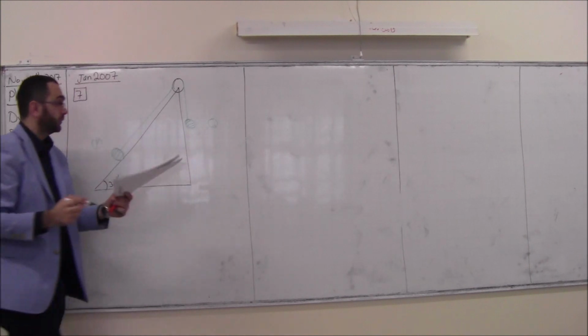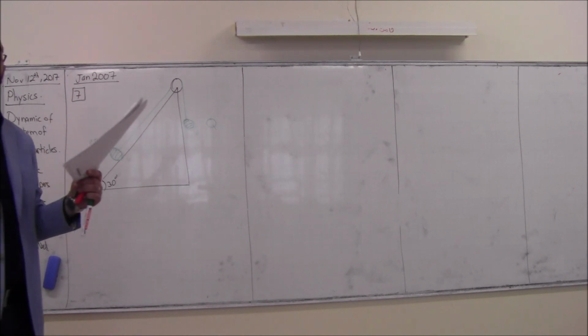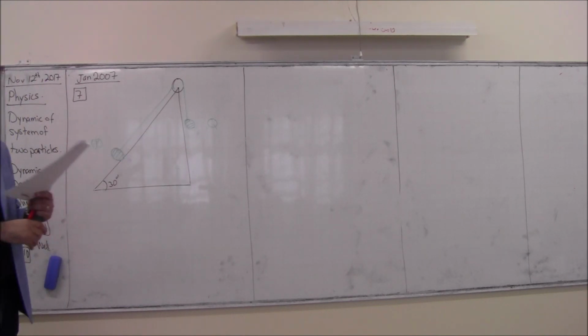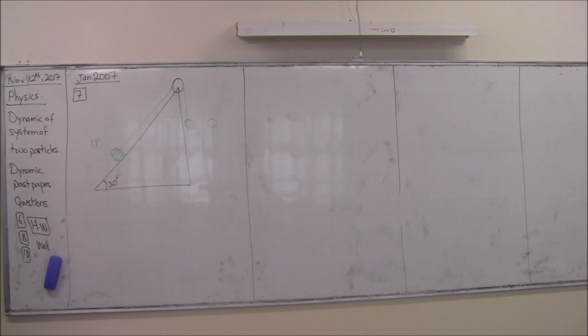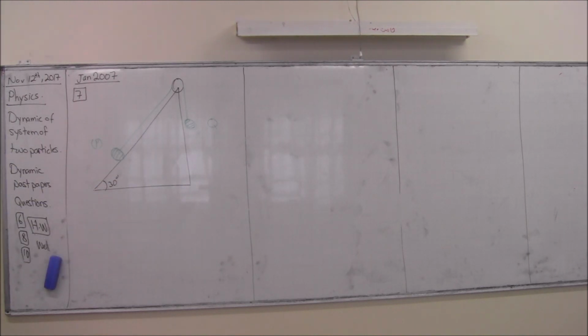This is Q. Okay, guys? Write down the equations of motion for P and for Q. Equation of motion includes the forces with acceleration, and we have to use Newton's second law in order to determine the equation of motion.